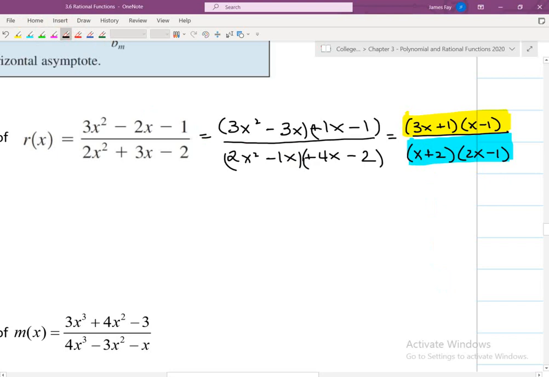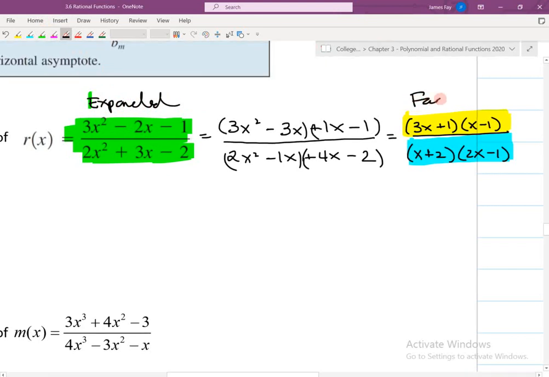So when we're determining asymptotes, this version over here is going to tell me vertical asymptotes. This version right here, the expanded version, is this one, and this is the factored. The expanded version tells me horizontal asymptotes.